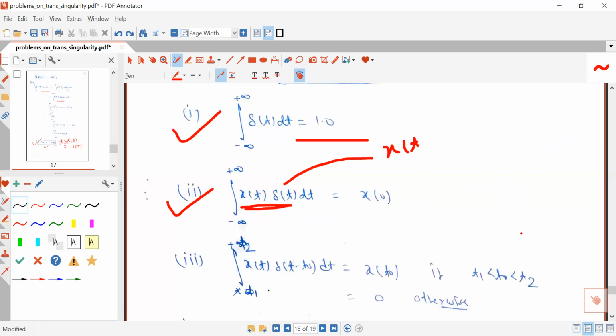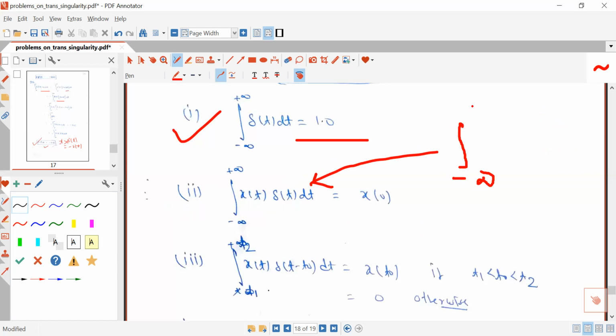So the shifting property, which I have discussed in the previous lecture, is very simple. Just you have to understand the meaning of this product. This product means you want to calculate the integration of this product only at t equal to 0.